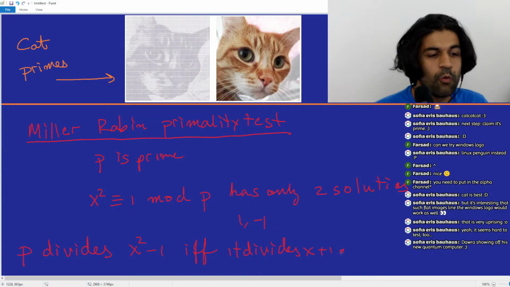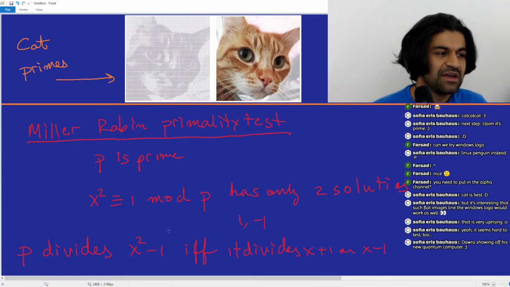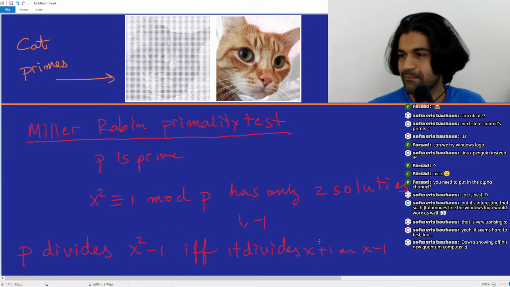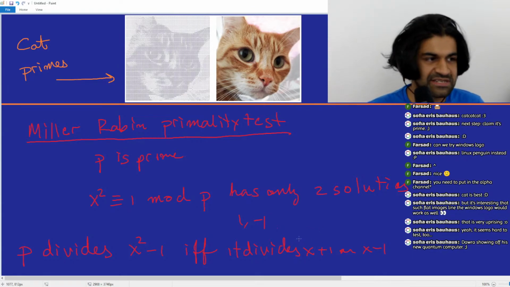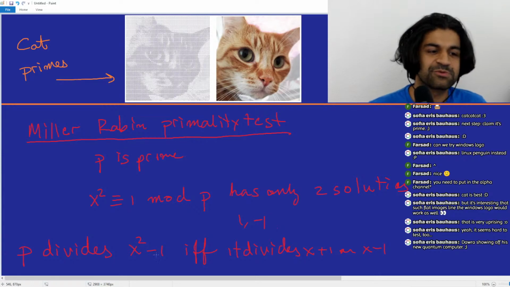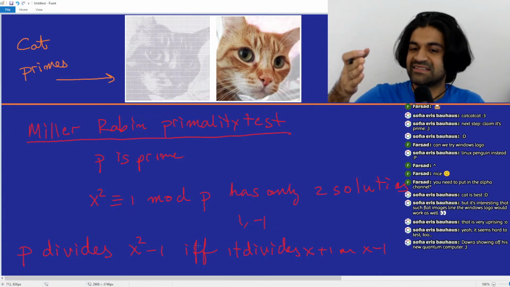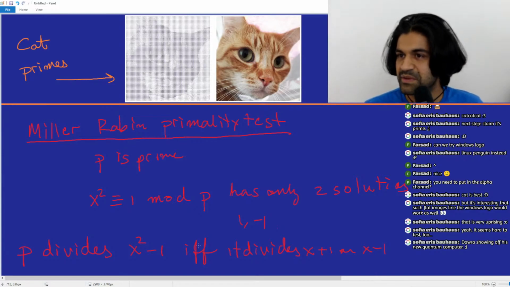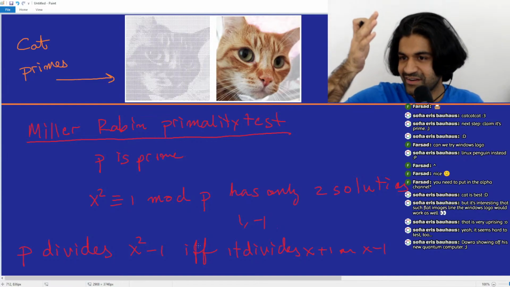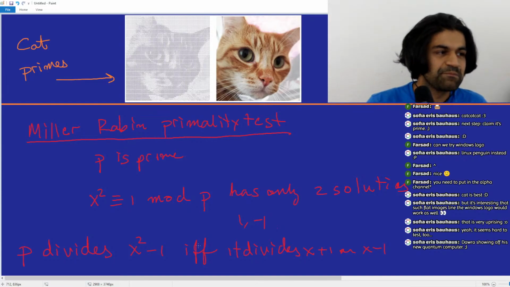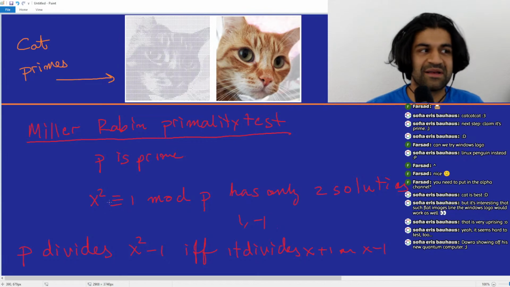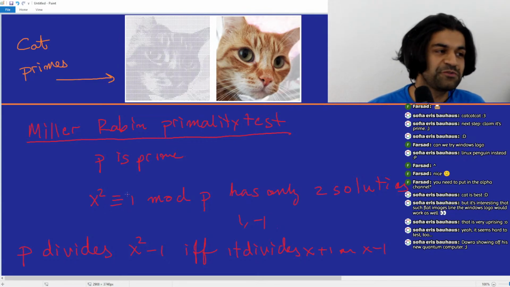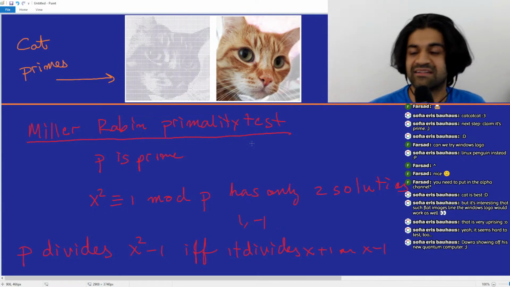Hopefully this second way of writing it is clear to you, even if you're not familiar with modular arithmetic. x squared minus 1 factors into x plus 1 times x minus 1, and if a prime divides the product of two numbers, a and b, it ought to divide one of them because primes cannot be split further. So this is an interesting property of primes that's useful in this Miller-Rabin primality test.